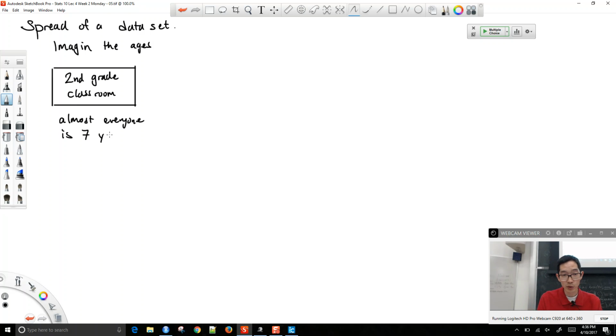Is 7 years old. A few who are 6, and a few 8, but probably 90-something% 7 years old. Okay, so the ages here, we have very low spread, very little spread in the ages.